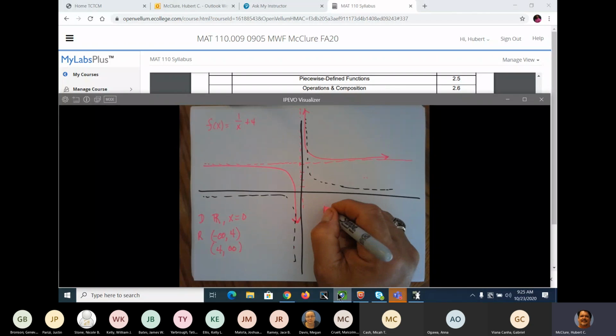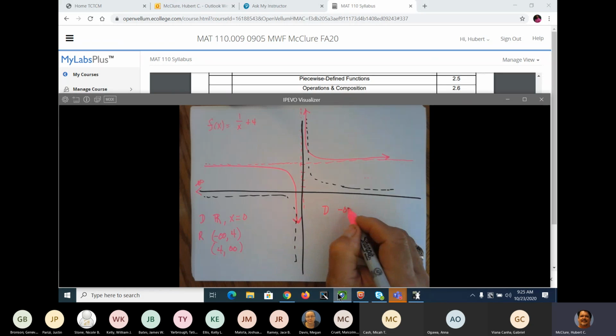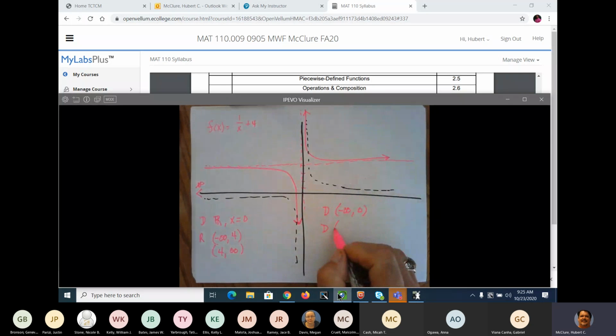Increasing or decreasing: decreasing from negative infinity to 0, and decreasing from 0 to infinity.